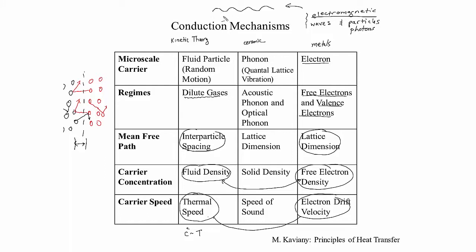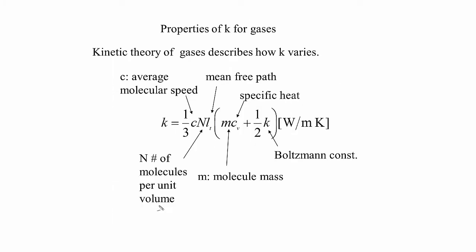In these systems, the notional particle is called a phonon. It's a notional particle that represents this transfer process in these systems, and so the microscale carrier is called a phonon. There are different types of phonons. The speed of sound, because this is really a sound wave in some sense, is the associated carrier speed.